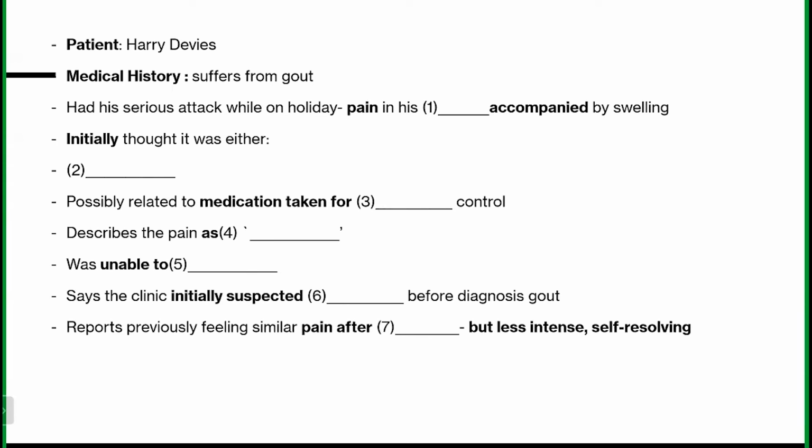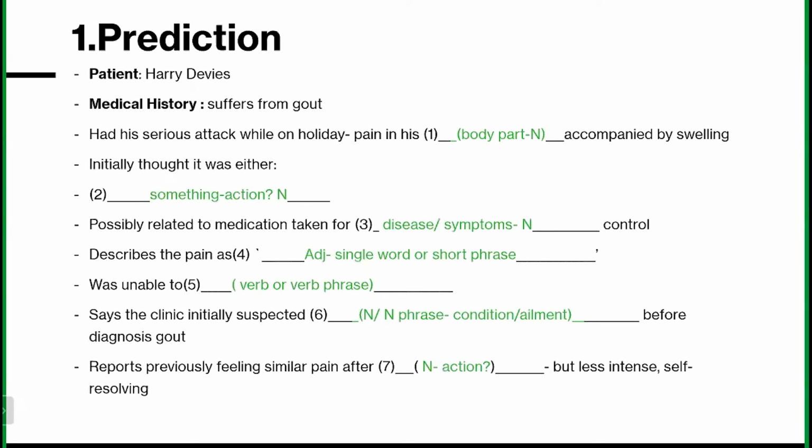And also you can see "less and self resolving". But remember, they can tell before and after, they will mix and match, like "it is self resolving after this one". But you have to be clear when you are reading your questions. Let's see what the answer predictions are going to be.